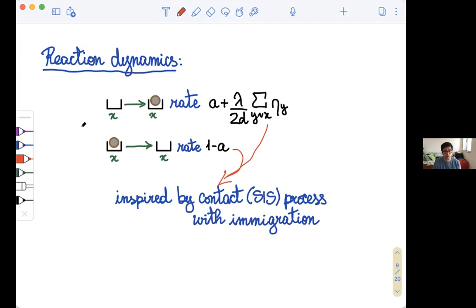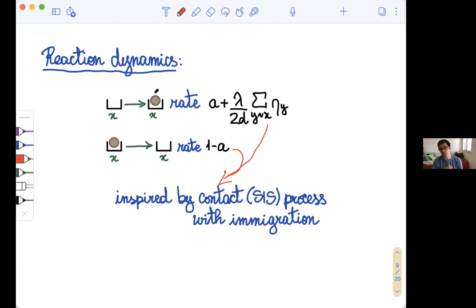So if you think about the empty sites as susceptible individuals and occupied sites as infected individuals, you see that with rate a plus lambda over 2d times the number of infected neighbors, you become infected. Okay, so that's one interpretation of this dynamics.